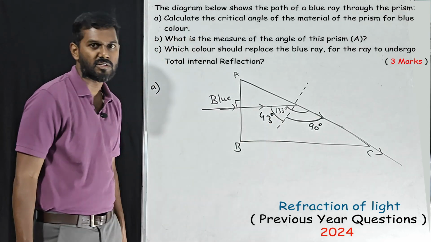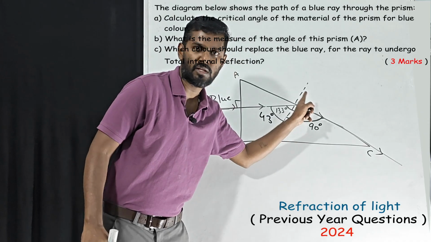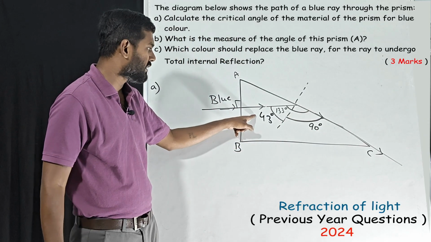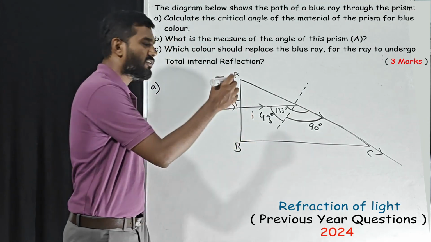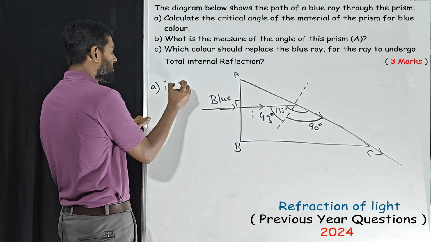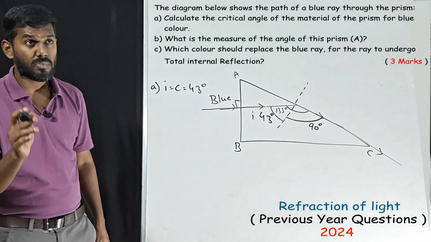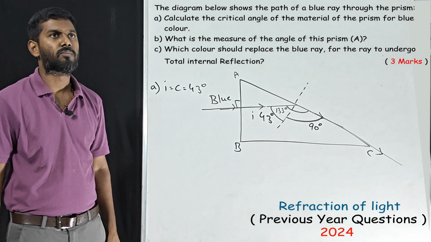This is the angle of incidence. We know if the ray is on the surface, the angle of incidence will be equal to the critical angle. So the answer for question A is i = C = 43. That's it. Next we will go for the second one.